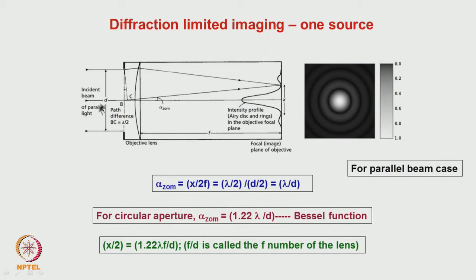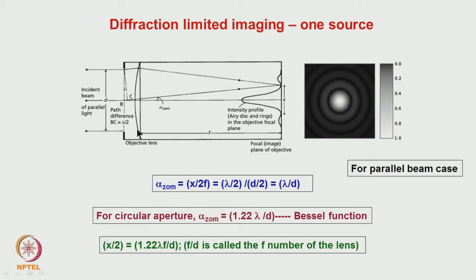This was observed a long time back, when people were observing stars. Essentially, at the center there is a maximum intensity. Here the same thing is shown with respect to a telescope which is being used.